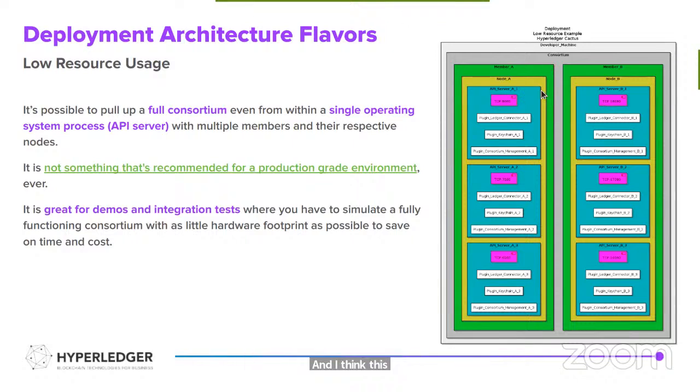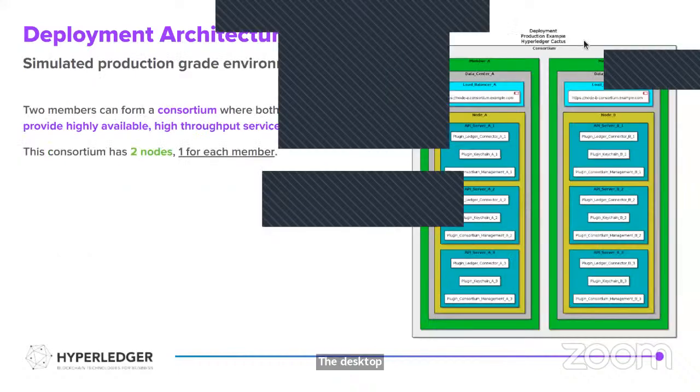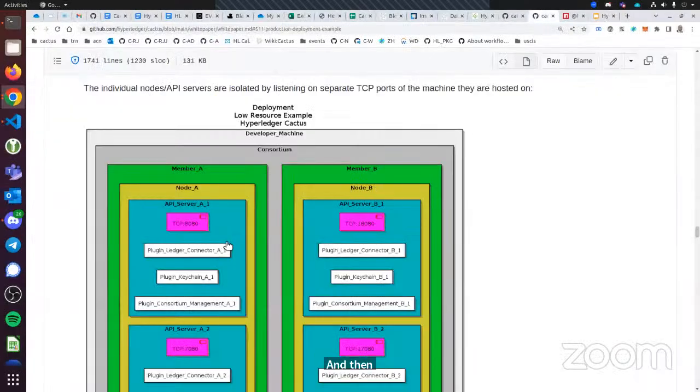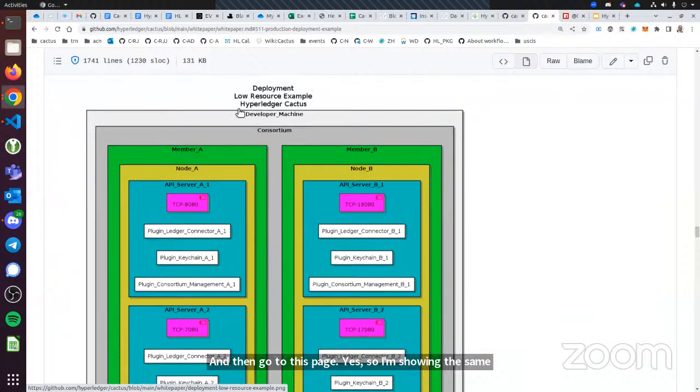And I think this diagram is a little too small, so I'm just going to reshare the desktop and then go to this page. Yes, so I'm showing the same diagram but zoomed in. What you see here is everything contained within the developer machine, which is a laptop or PC, whatever you have at home.